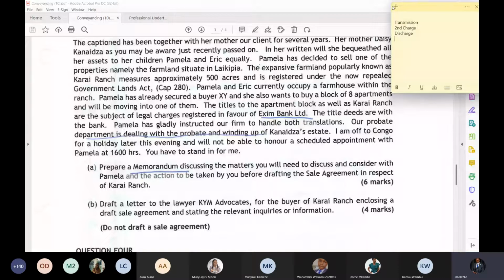Is there subdivision arising here? I believe subdivision will fall under transmission as part and parcel of the process. Okay, go on. What else? Could we say transfer of charges?